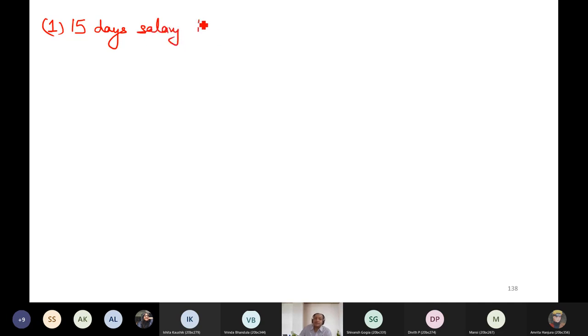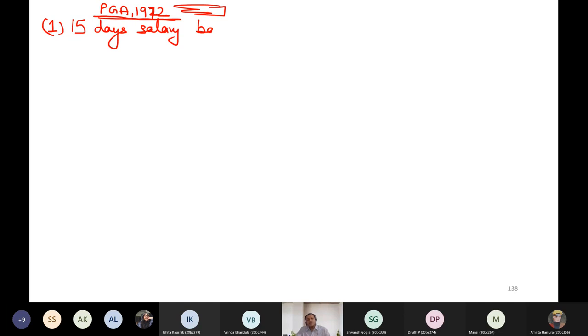15 days salary. Who is this employee? Who is covered under the Payment of Gratuity Act 1972. So this is the tax treatment of this employee who is covered under this Payment of Gratuity Act 1972.